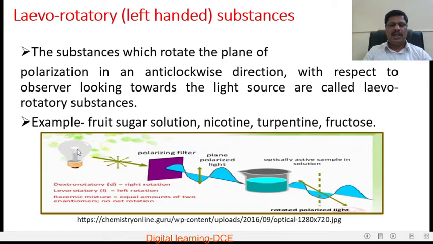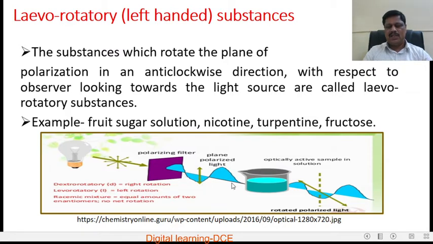Again, this is the ordinary light source which produces ordinary or unpolarized light having vibrations in all directions. It is passed through a polarizing filter which converts unpolarized light into plane polarized light having vibrations in this direction. This is called the plane of vibration, and the plane of polarization is perpendicular to the plane of vibration.